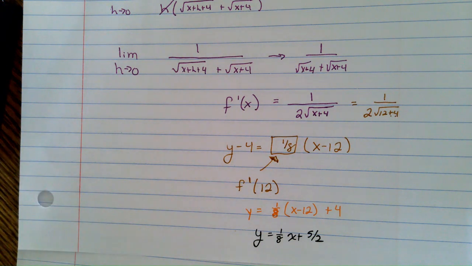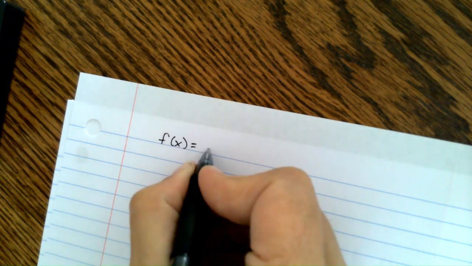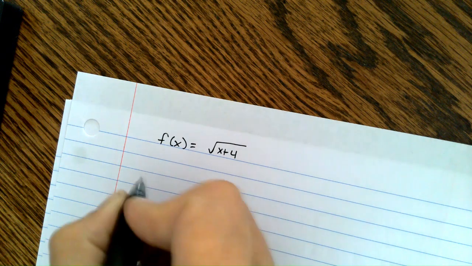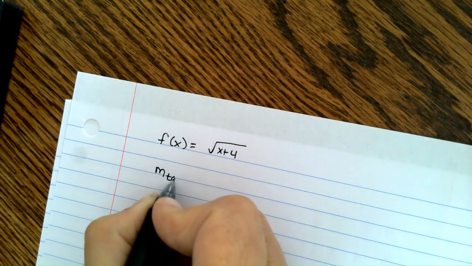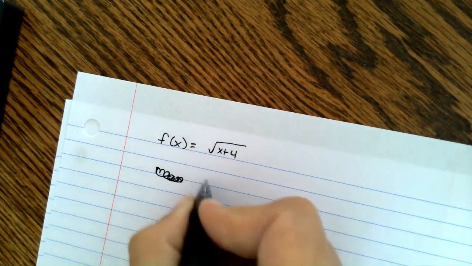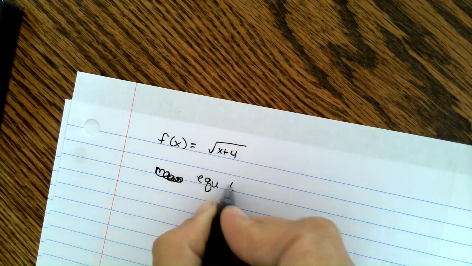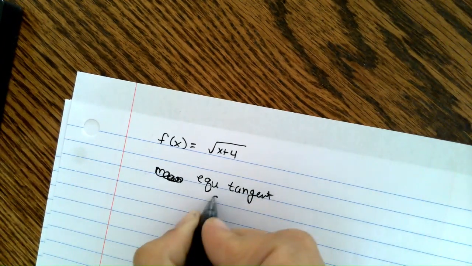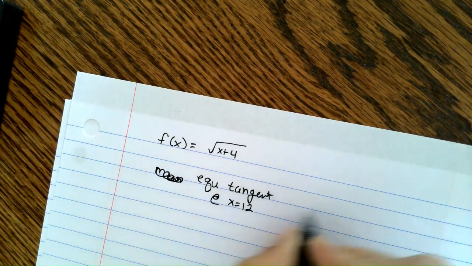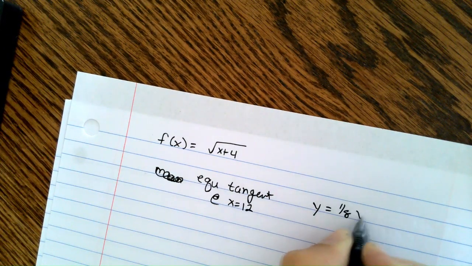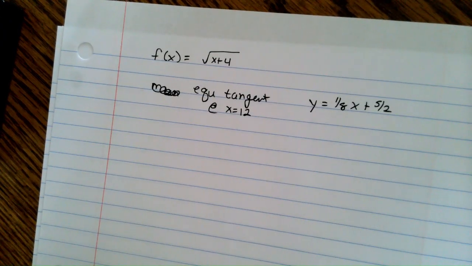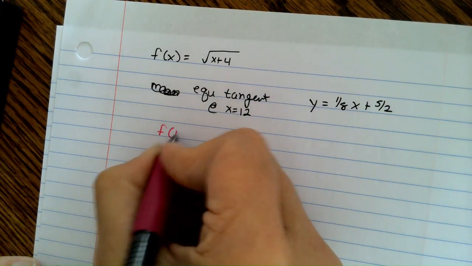Okay, now that we've done this, right, we have f of x equals square root of x plus 4. And we found the slope of the tangent line, not just the slope, the equation of the tangent line at x equals 12 was y equals 1/8 x plus 5/2. So without a calculator, could you find f of 16?